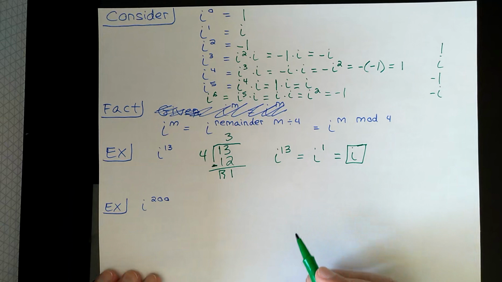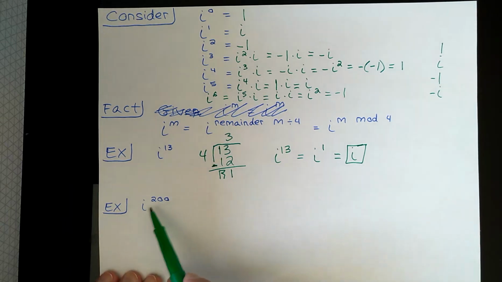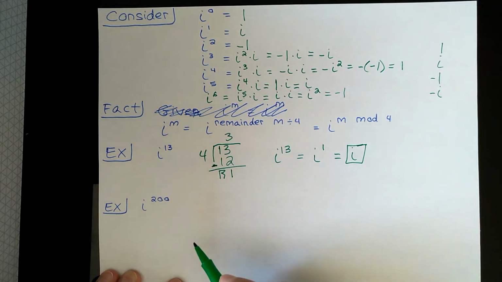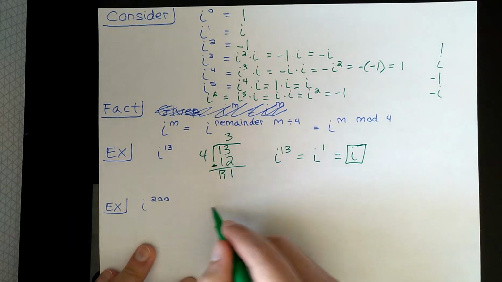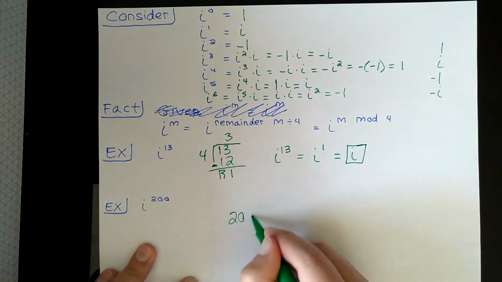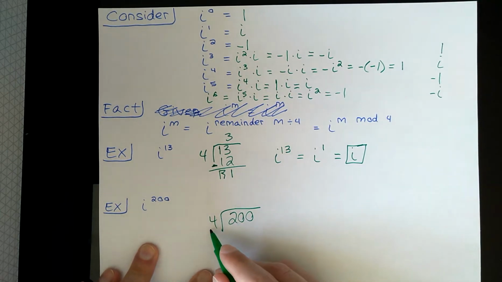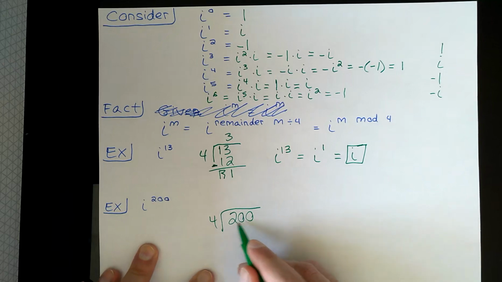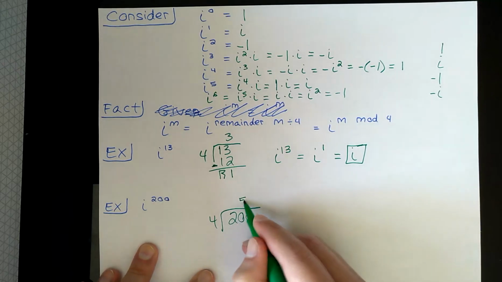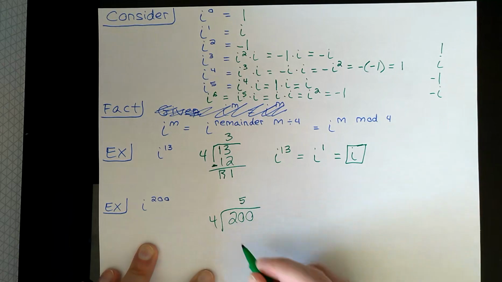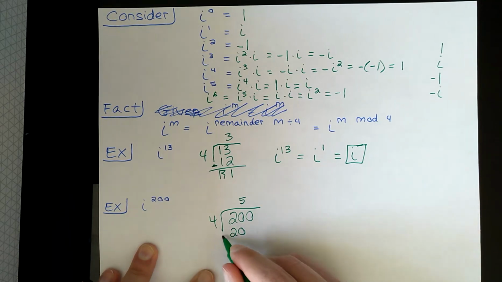Okay, take a moment, pause the video, see if you can find i to the 200th power. Alright, so for i to the 200th power, we're going to take 200 and divide it by 4. 4 goes into 20. It does not go into 2, but it goes into 20 5 times. 5 times 4 is 20.